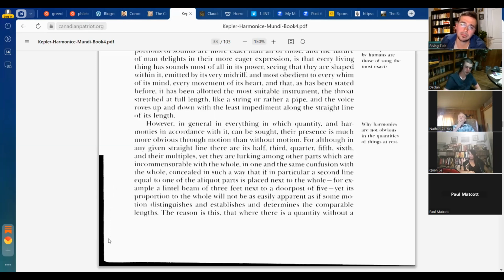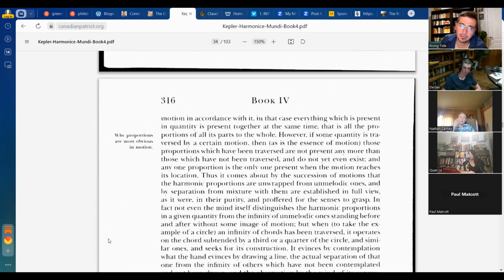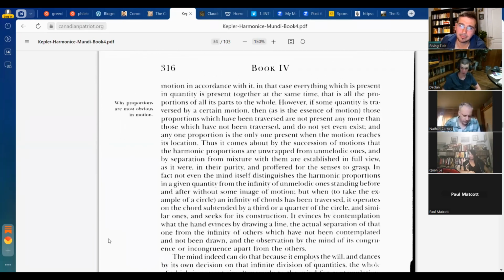The reason is this, that where there is quantity without a motion in accordance with it, in that case, everything which is present in the quantity is present together at the same time. That is, all the proportions of all its parts to the whole.